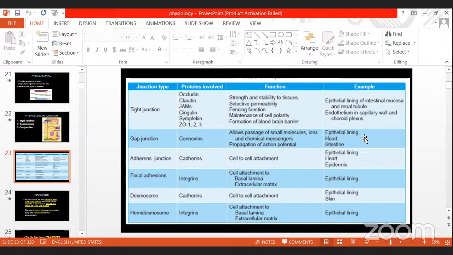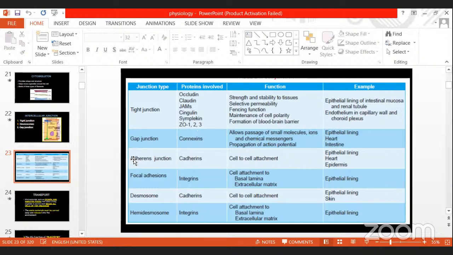Examples of gap junctions are in epithelial lining, heart, and intestine. The protein involved is connexin. Remember, the gap junction proteins are connexins.